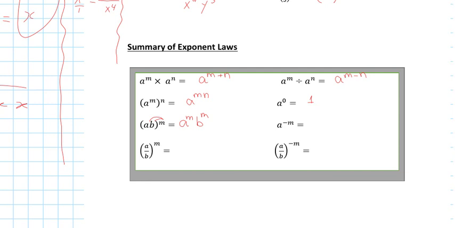A to the power of negative m is 1 over a to the power of m. How about a over b to the power of m?